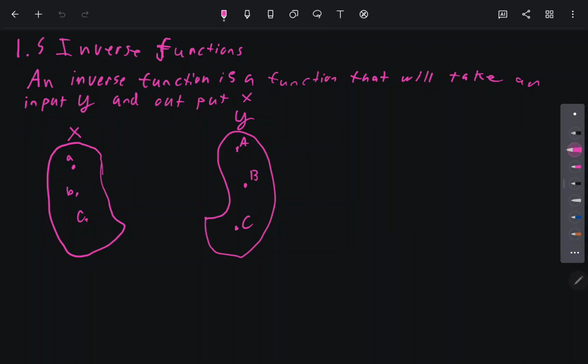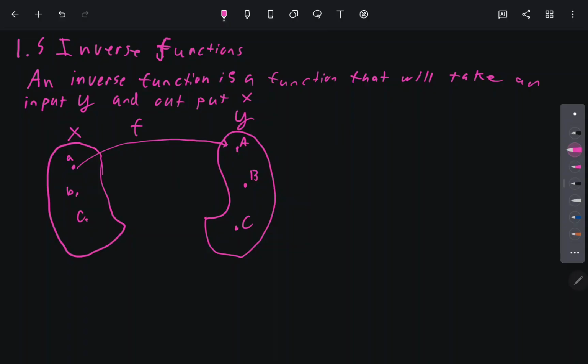But to get started, an inverse function is a function that will take on an input y and output x. We remember with a normal function that it's going to take an input x and output y, really. So what this is really saying is we're going to take an input x and it's going to correspond to exactly one output y, and this is what f does.